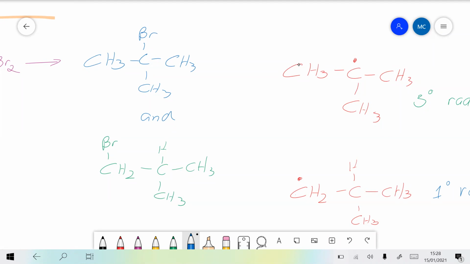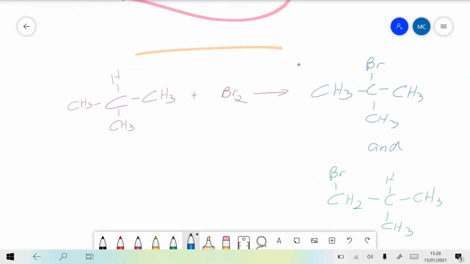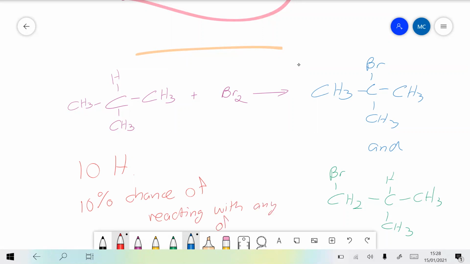Our starting material has 10 hydrogens. So the radical has a 10% chance of reacting with any of the hydrogens.